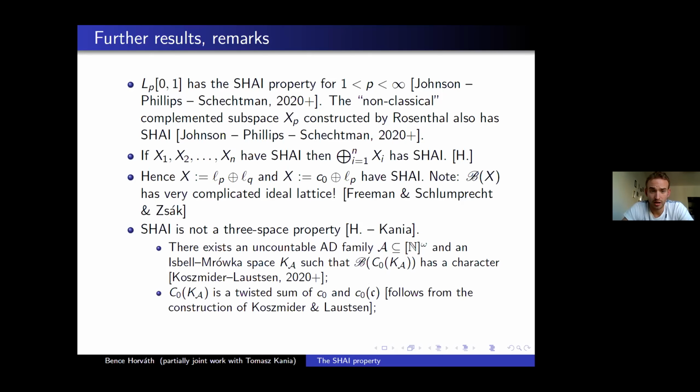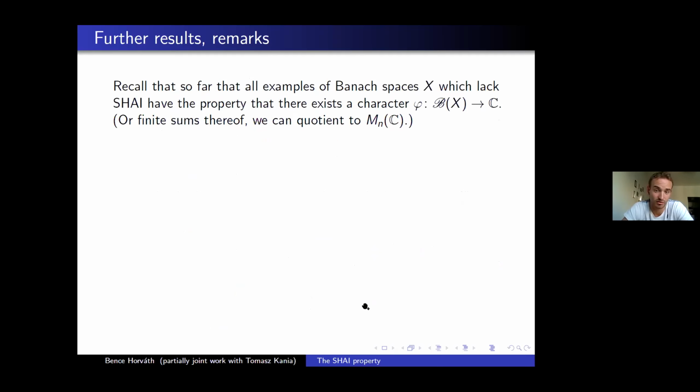On the other hand, it follows pretty much from the construction that this space is a twisted sum of C0 and C0 of the continuum. So in conclusion, we know that these two spaces have the Shy property, but if you consider the short exact sequence, this sits in the middle, and this doesn't have the Shy property because this has a character. So unfortunately, it's not a three-space property.